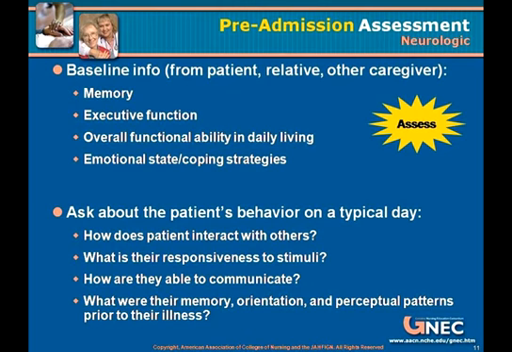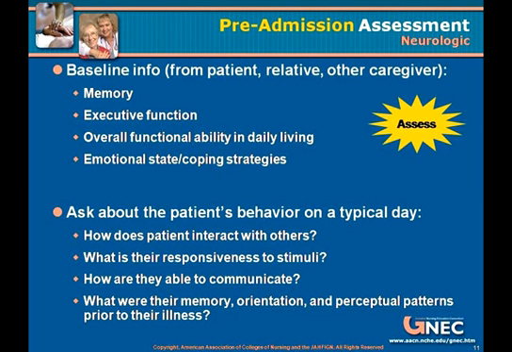Also very important to ask about the patient's behavior, typically how they interact with others, how responsive they are, and how they were able to communicate before critical illness. Often in the ICU, a patient is unable to communicate because of respiratory tract intubation, either an oral endotracheal tube or a tracheostomy, or an external ventilation device like BiPAP.